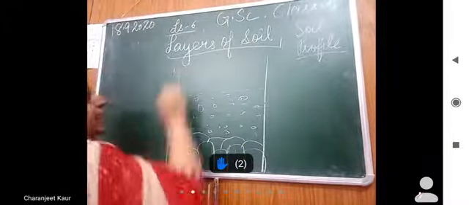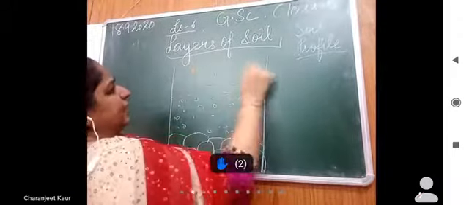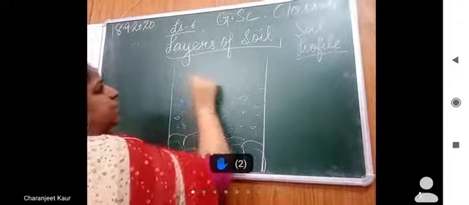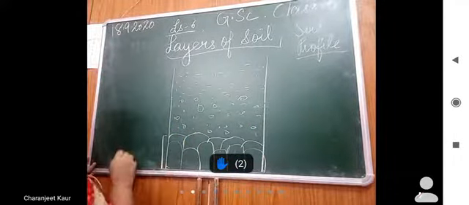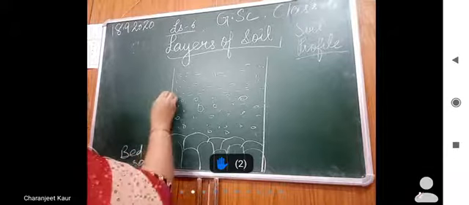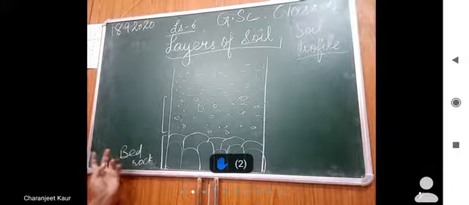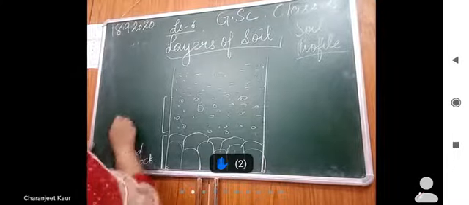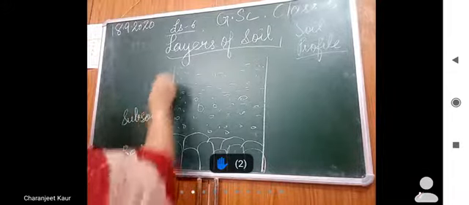Then at the top it is known as topsoil. This is the most fertile layer of soil. This is bedrock. After bedrock, above it is subsoil. Then comes topsoil.